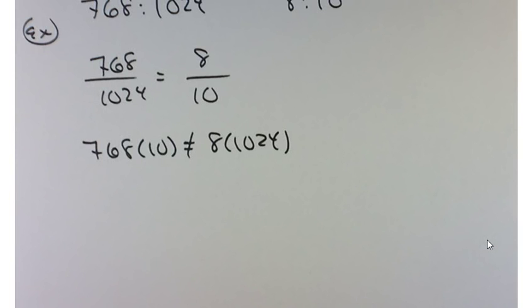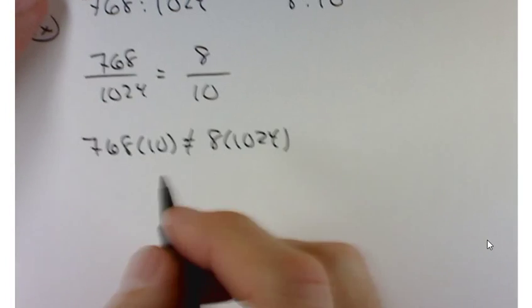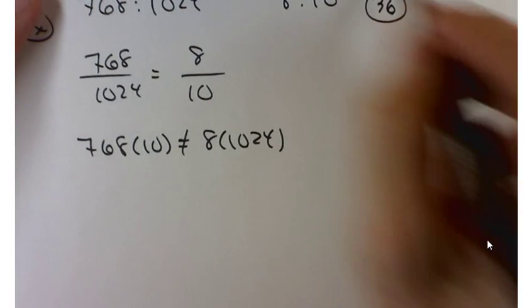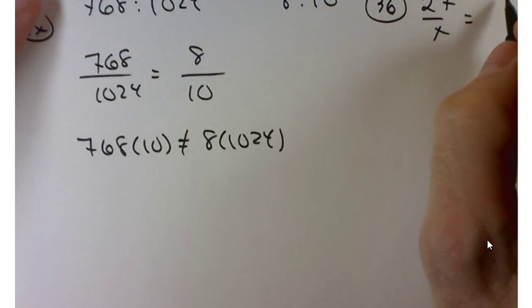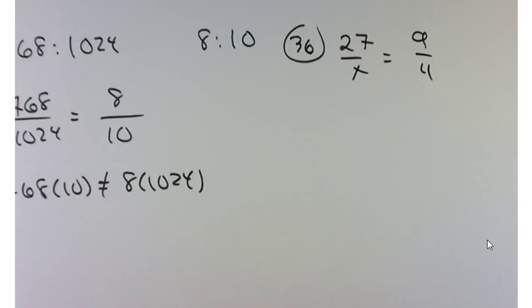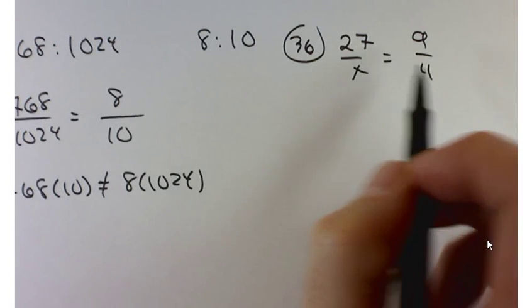Where proportions become even more powerful is when you start working with variables. Let's see that with problem number 36. 27 over x equals 9 over 4. Same thing as before. We're going to work with this by cross multiplying. We can do that because this is a proportion.